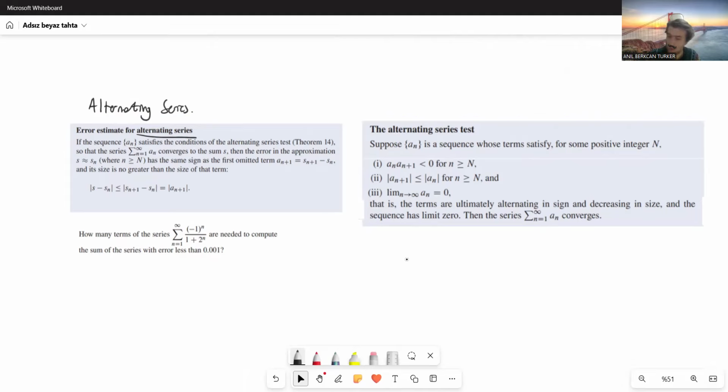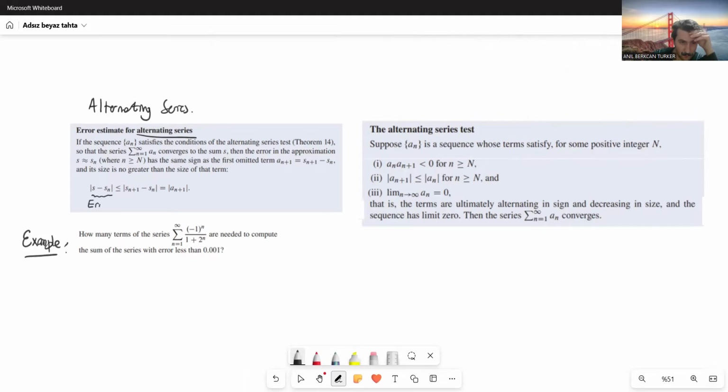So there is also an example. Let us try to apply this alternating series estimation example, where we will find this error. How many terms of the series are needed to compute the sum of the series with error less than this? So this is my error, right?